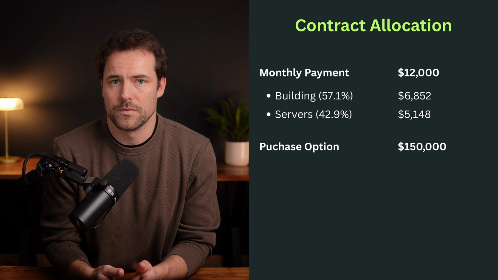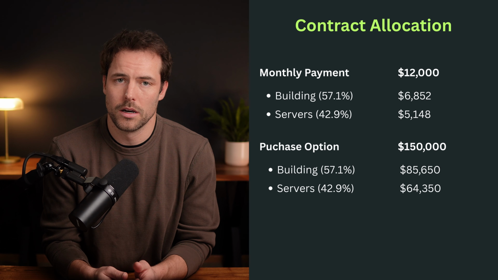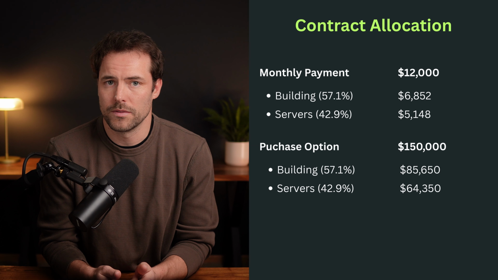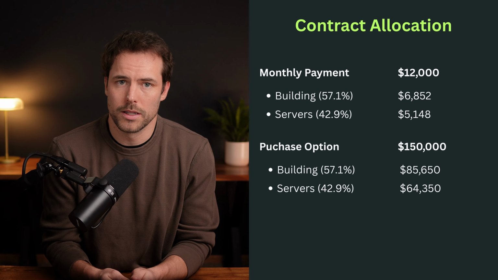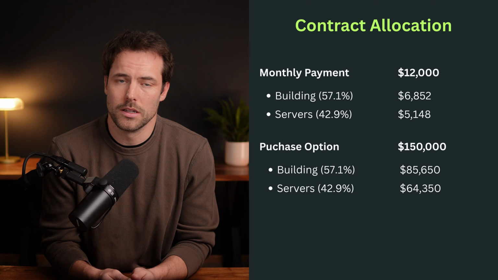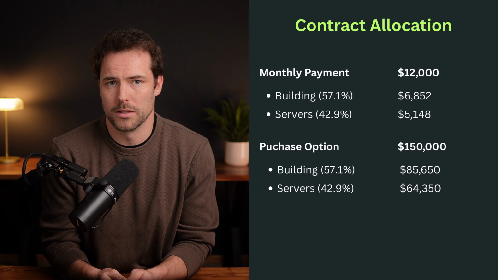So we'll allocate 57.1% of the $150,000, or $85,650 to the building component, and the remaining $64,350 to the server component.